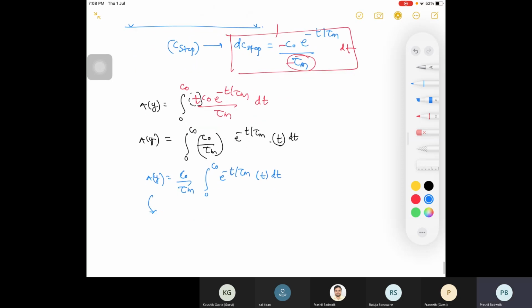Now, a hypothetical condition. Suppose C naught is very high. Can you please write this in terms of the gamma function?